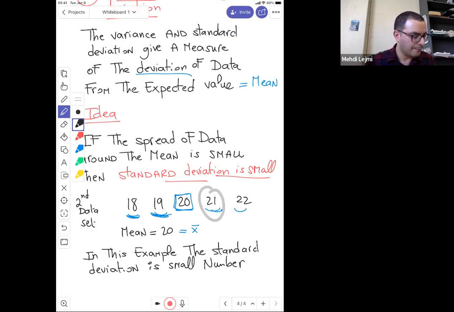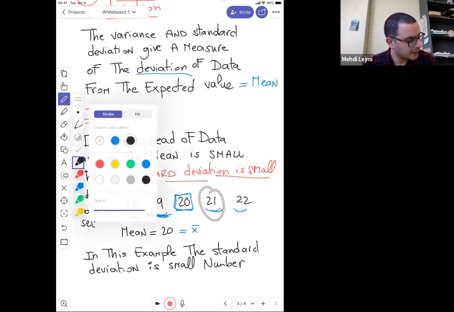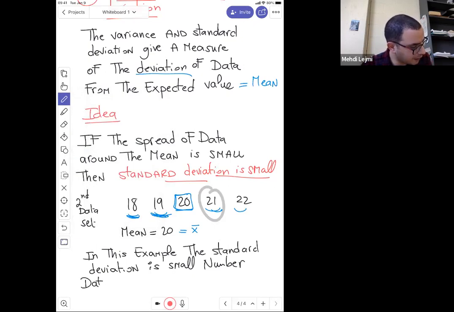So what we are saying is, if you pick a random number and your standard deviation is small, it means that your number is going to be very close to the mean. So in general, your data values are going to be close to the mean in this case.